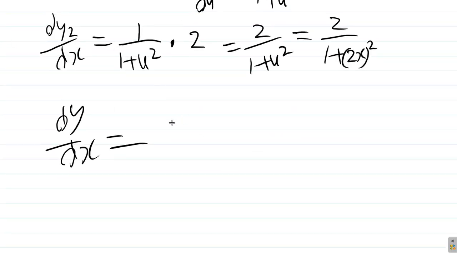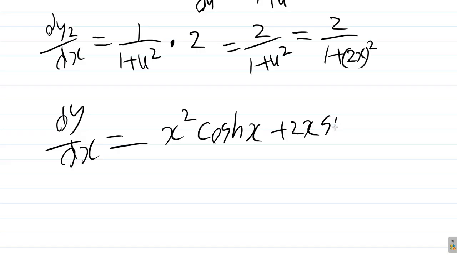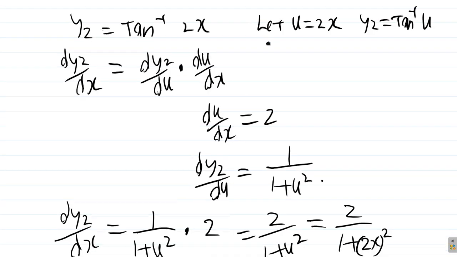So it was x squared cos x plus 2x sin x. I put the 2x over on the left hand side, right? And then we add the next part to it now.